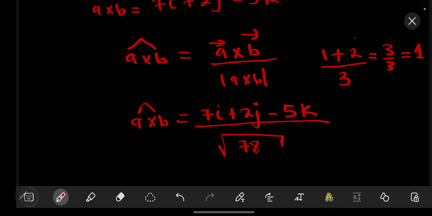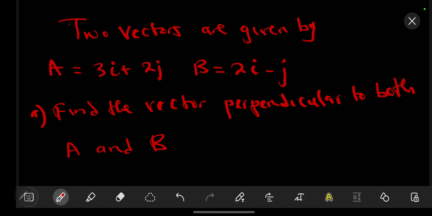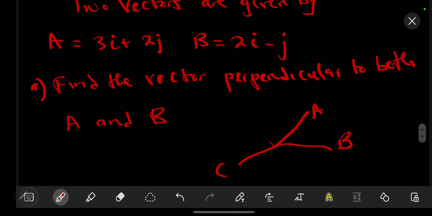Let's try another one. Let's say you have two vectors given by A equal to 3i plus 2j, and B equal to this. Then they tell you to find the vector perpendicular to both A and B. Remember, if this is your A and this is your B, then the vector that will be perpendicular to both A and B is this vector that will have 90 degrees there and 90 degrees in between, where here we can have any angle such as theta there.